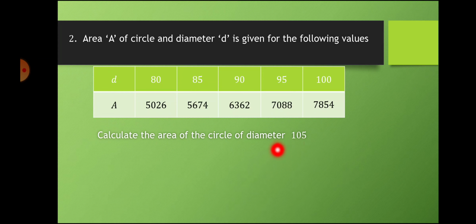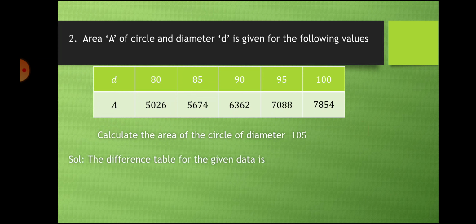If we observe clearly, 105 is out of the range of the set of tabulated values. And these are equally spaced intervals. The difference between 85 and 80 is 5, 90 and 85 is 5, 95 minus 90 is 5, and 100 minus 95 is 5. So, in this problem, the value of h, nothing but the interval of differencing, is 5.